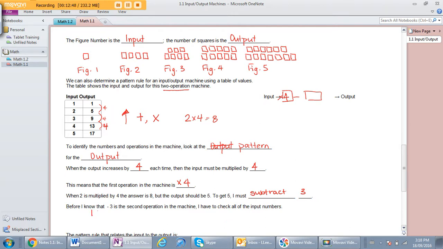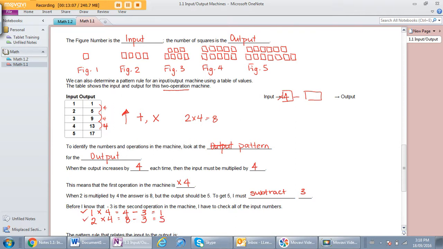So if I think 1 times 4 is 4, and 4 minus 3 equals 1, that works.